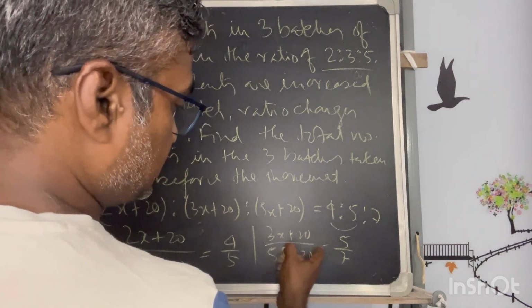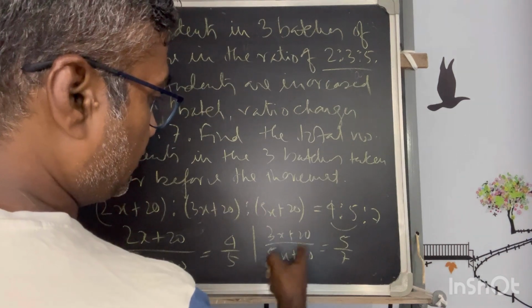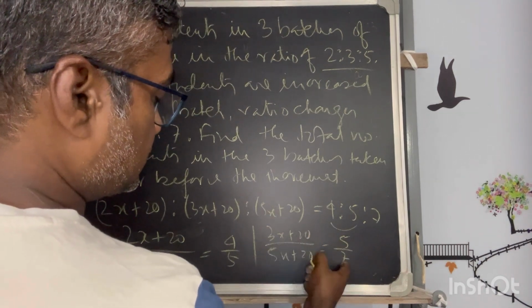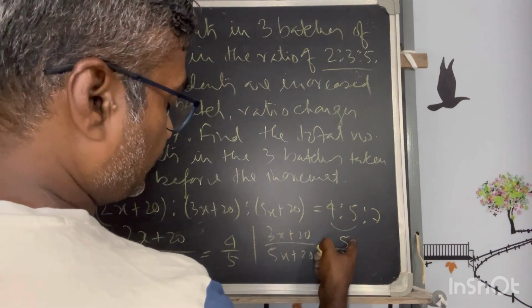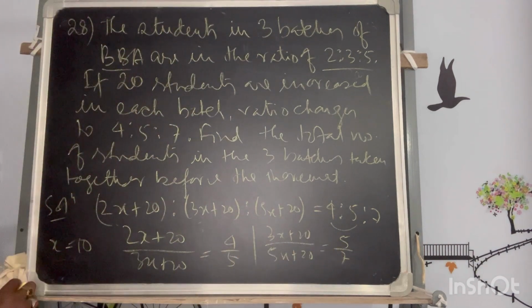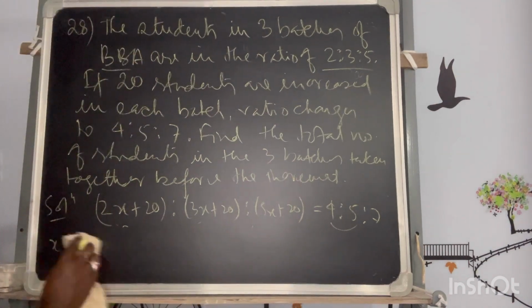So 40 is equal to 4x, so x is equal to 10. So any of these equations can be used to get the value of x.